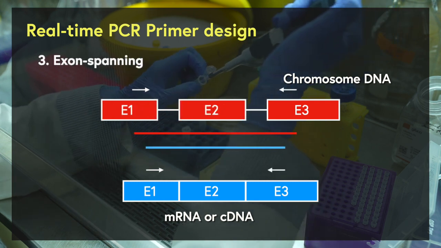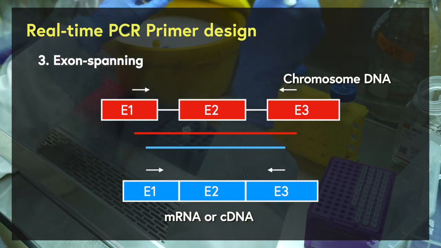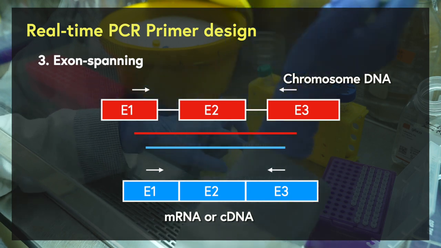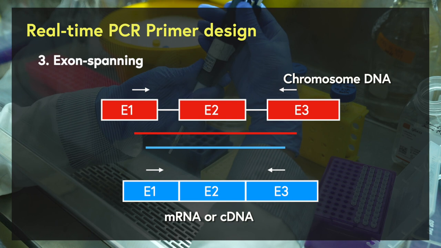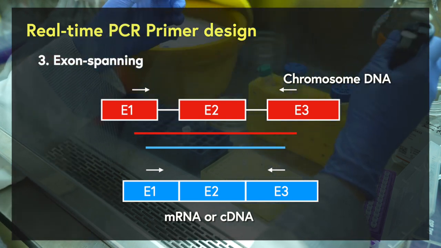And the third one is exon spanning. Imagine that you design a forward primer on exon 1, and a reverse primer on exon 3. For the messenger RNA or cDNA, we will amplify the region from exon 1 to exon 3.